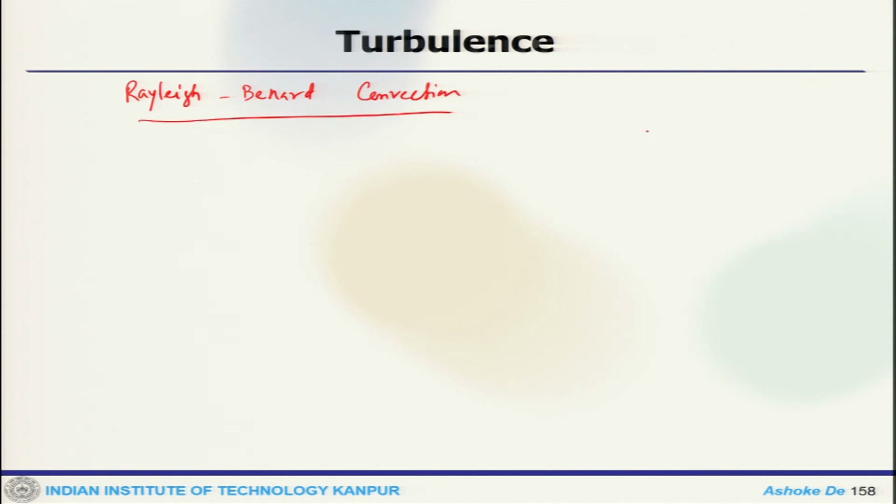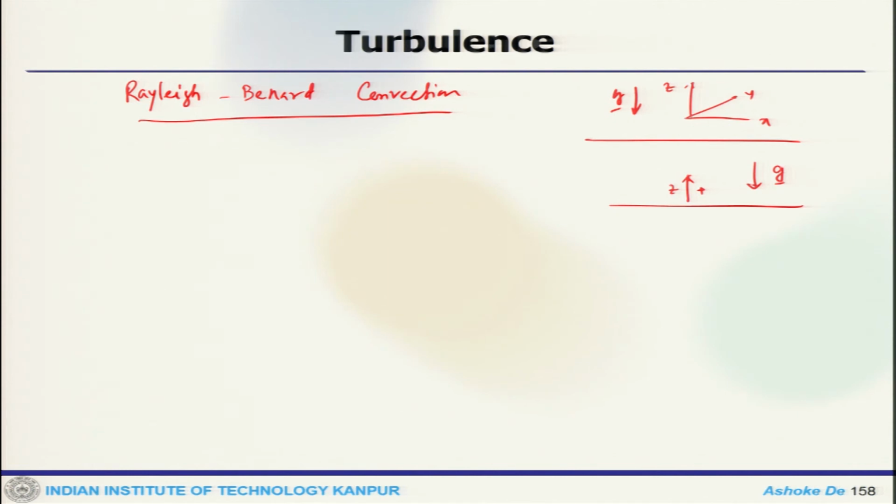So, we have two parallel plates plus G, this is G direction, axes x, y, z, and this is how my G is going to act. So, this kind of thing one can observe in atmospheric boundary layer, where heating of earth's surface by short wave radiation from sun during the day, cooling by long wave radiation during the night.